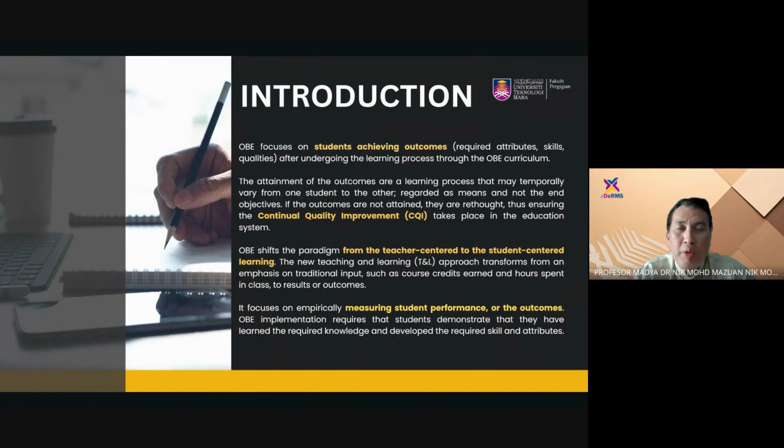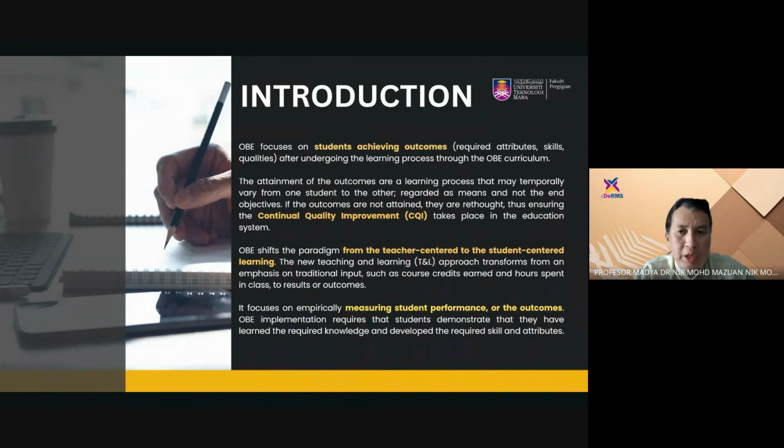A course objective is like a plan of a lecturer to deliver the course. However, when we change to OBE, the course is oriented such that we set an outcome for the course. That's the big difference there.